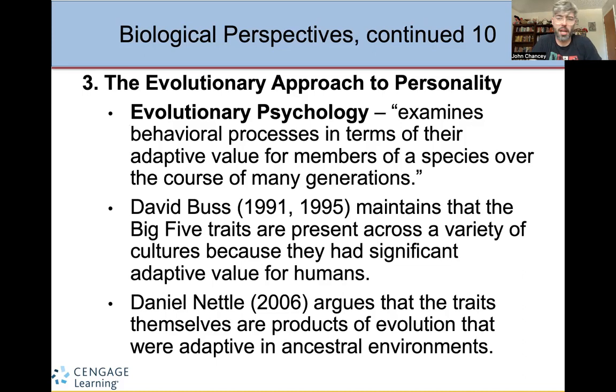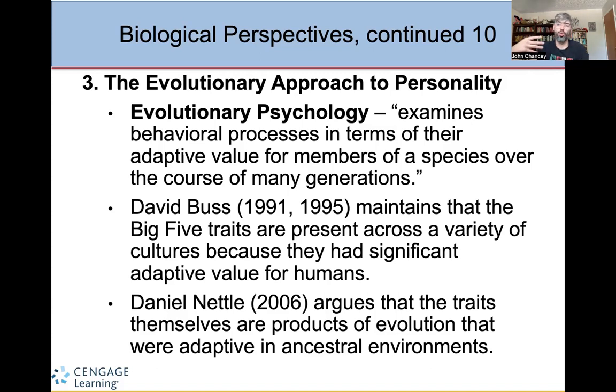An evolutionary perspective is looking at how certain ways of thinking and behaving have led to our survival as a species. How, especially over multiple generations, does it lead to us thriving and surviving? David Buss, for example, explored how the big five traits have led to our ability to adapt and survive as human beings, our ability to organize.